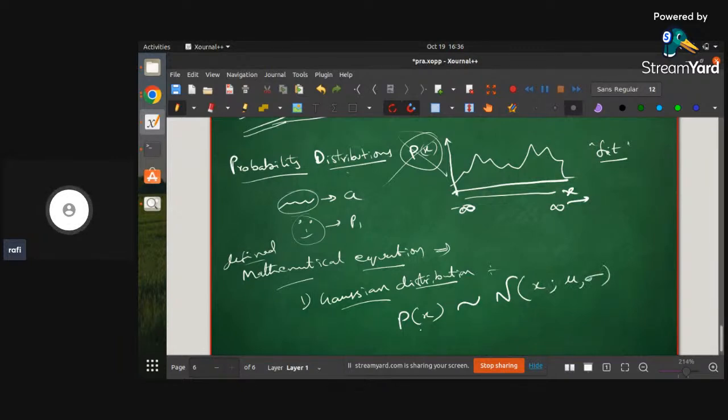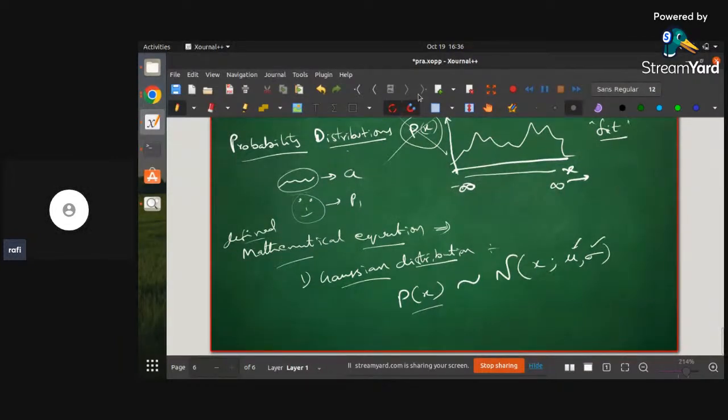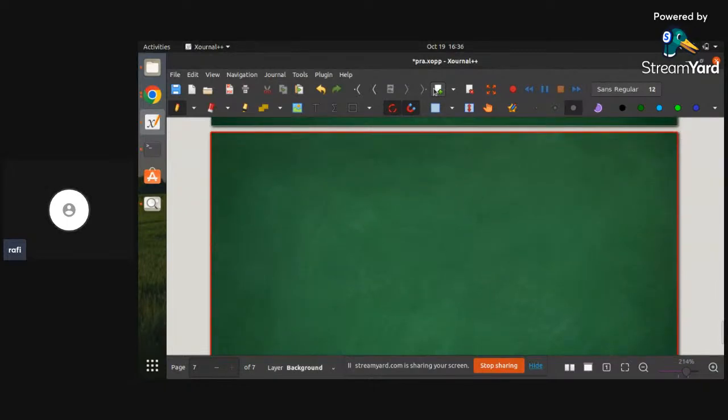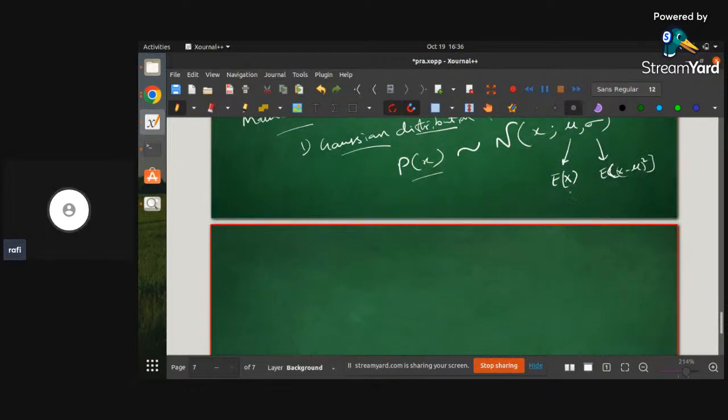So the Gaussian distribution is completely characterized by its mean and standard deviation, which are the first order and second order statistics of the random variable. I think you know what is first order and second order. So this is like E of x. This is like E of x minus mu whole square.